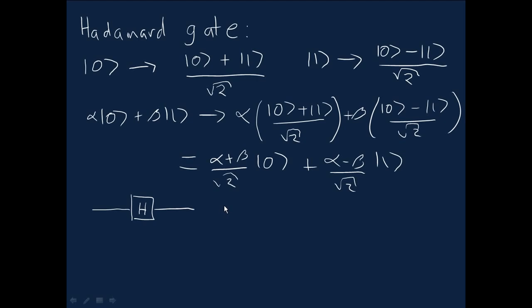And like the NOT gate, it also has a representation in the form of a matrix. So let's write that out. I'll tell you what it is, and then we'll just check quickly that it's correct. So this, I claim, is the right matrix describing this action on the quantum state. To check that, we need to check that it gives the right action on the 0 and the 1 state. So let's check on the 0 state.